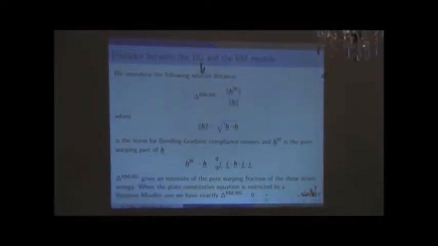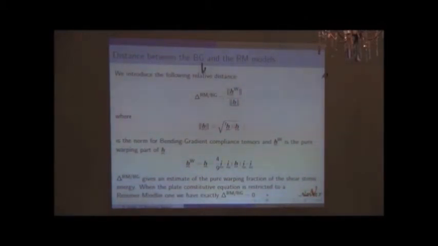If I take the difference between the original tensor and its projection, I get the pure warping contribution of the bending gradient. I try to explain it, it's a bit difficult. If I compute the norm of this estimate of the warping contribution and the relative difference between this warping contribution and the total contribution in the sense of this norm, I have an estimate of the non-Reissner-Mindlin contribution in my shear compliance tensor. Okay?